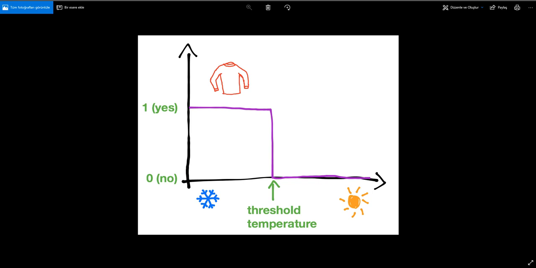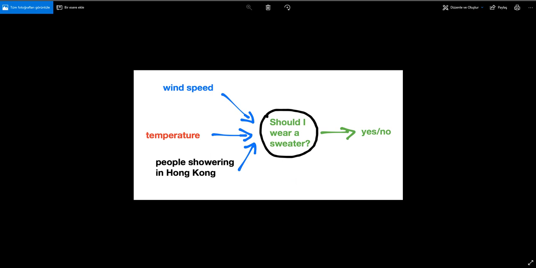You have a 1 or 0 result, which is not a step function, it is a sigmoid function. The sigmoid function is a basic type of activation function. If you look at the structure I mentioned before, the temperature is a really important input, along with the wind speed and the number of people showering in Hong Kong. I took these images from the Berkeley lessons. They are really helpful, and you can also look at these images and their articles.